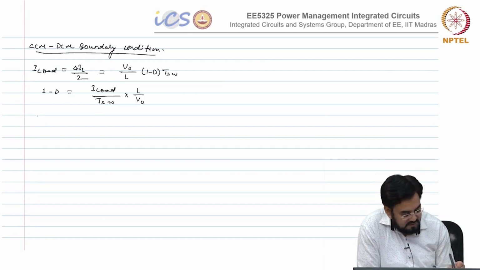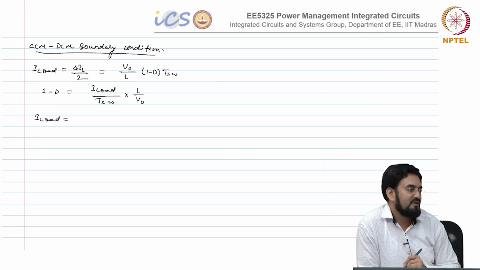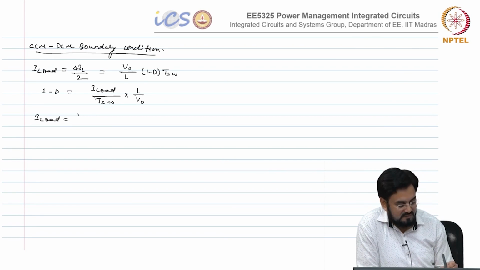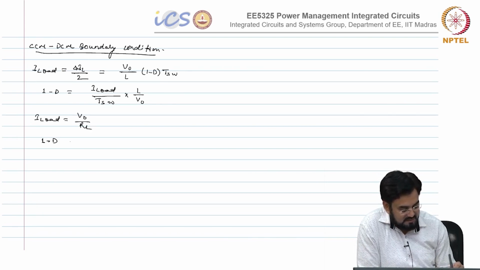And what is V out? What is I load in terms of RL, if I want to write? Which means 1 minus D equal to, so V out will get cancelled out. So, you will get, there was a 2 factor also.